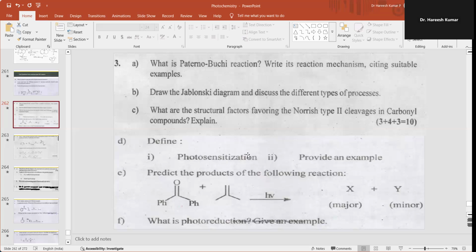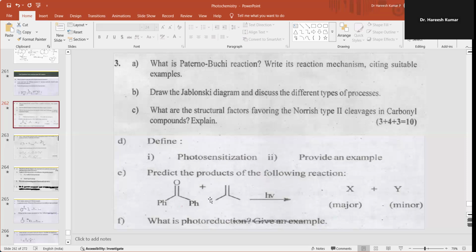Then photosensitization. You know that olefins cannot undergo intersystem crossing. That means they cannot produce the triplet. So these olefins can be taken to the triplet state by using photosensitizers such as benzophenone. Then olefins can go directly to the triplet state. This process is called photosensitization. An example is benzophenone.